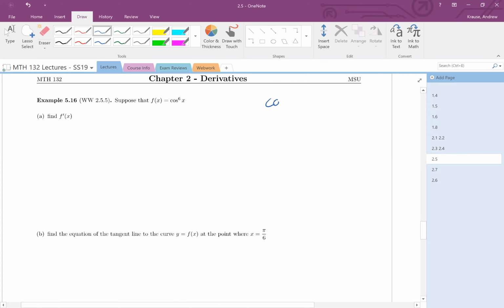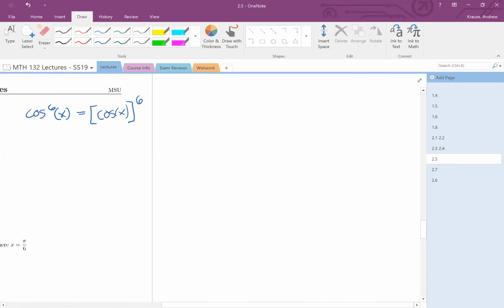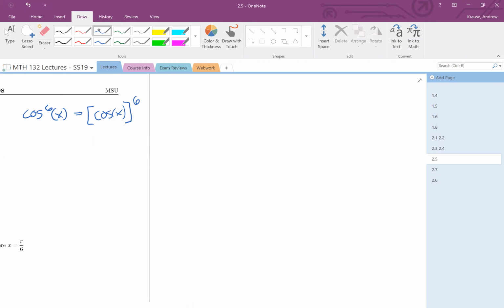Well, cosine to the 6th of x is shorthand for the cosine of x raised to the 6th power. Okay, we're going to do a quick little side note here. This isn't just a notational thing.